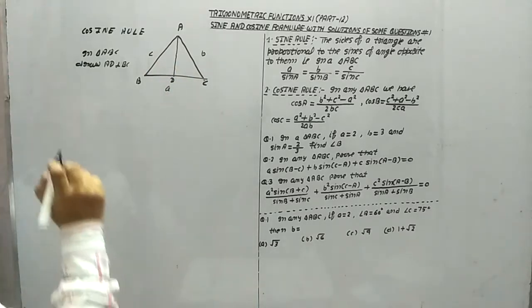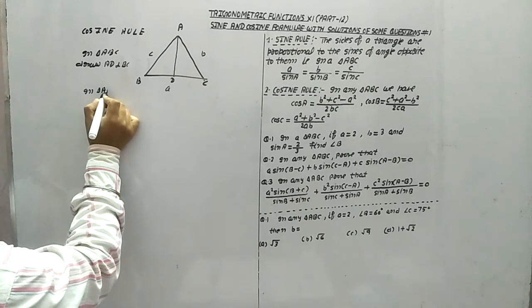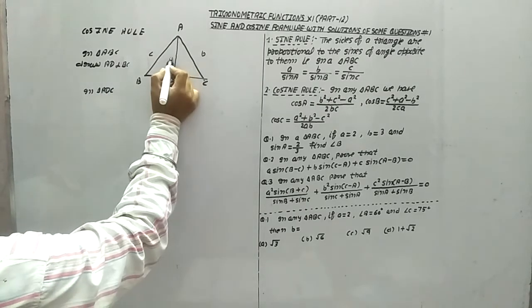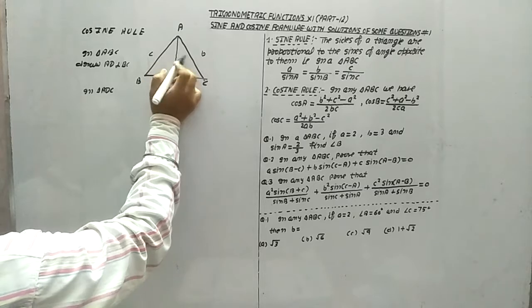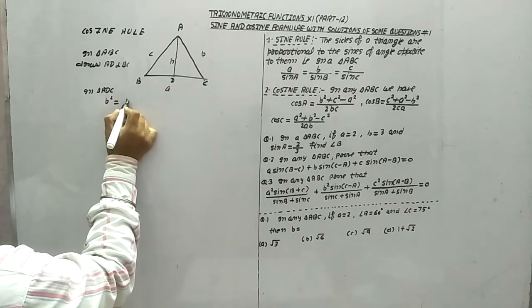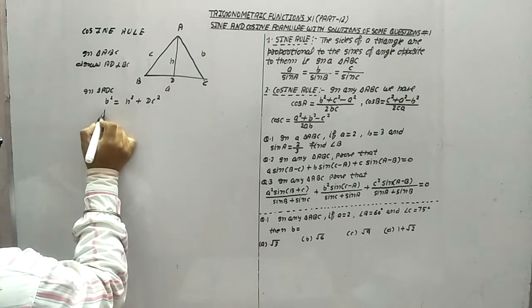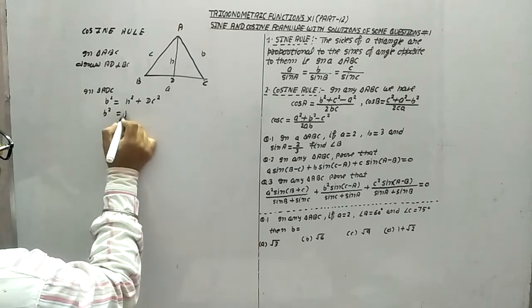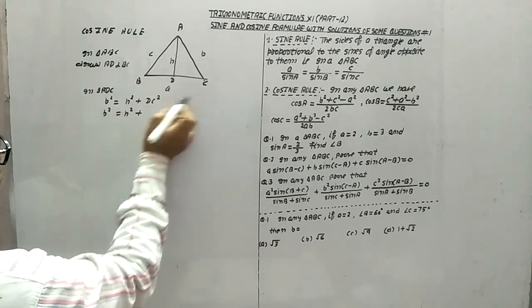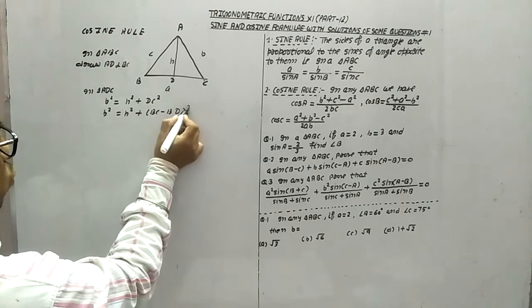Now, to do the proof, in right angle triangle ADC, let us suppose this side AD is h. Now in right angle triangle ADC, b square is equal to h square plus DC square. Now split this DC: h square plus (BC minus BD) whole square.